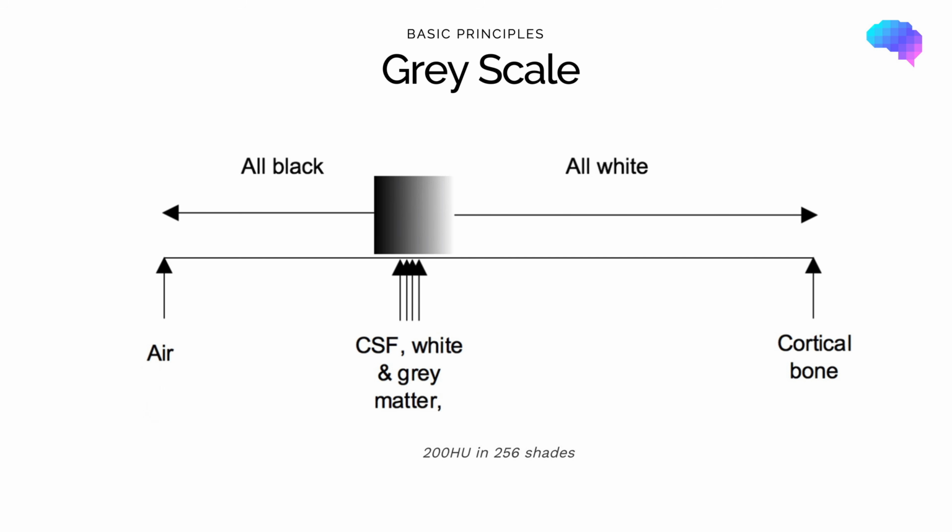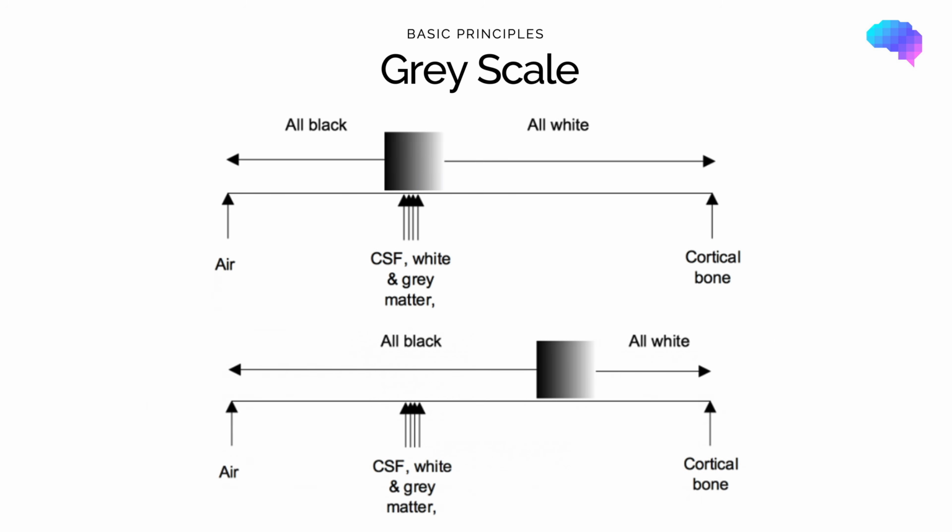Something to note is that anything left of this sort of shrunken down area, so anything left of the box on the image, will be black, and anything to the right will be pure white. So we've now mentioned that we can shrink down the grayscale and map it over a certain area of density to get greater discrimination between different structures depending on what we're trying to look at.